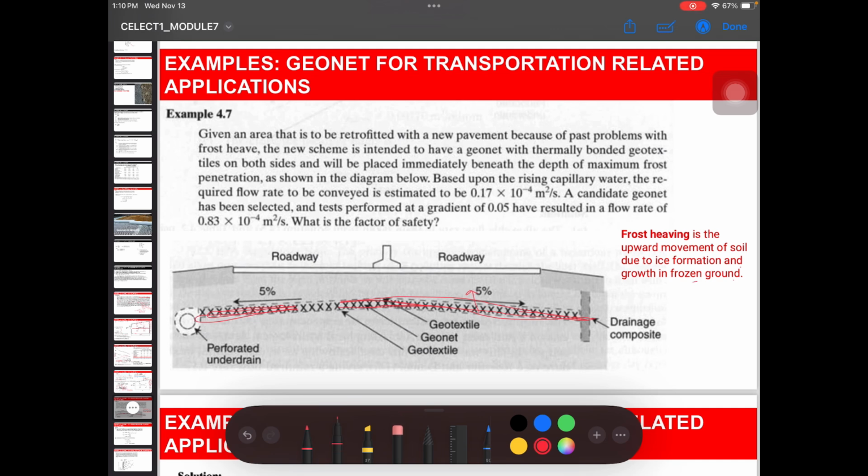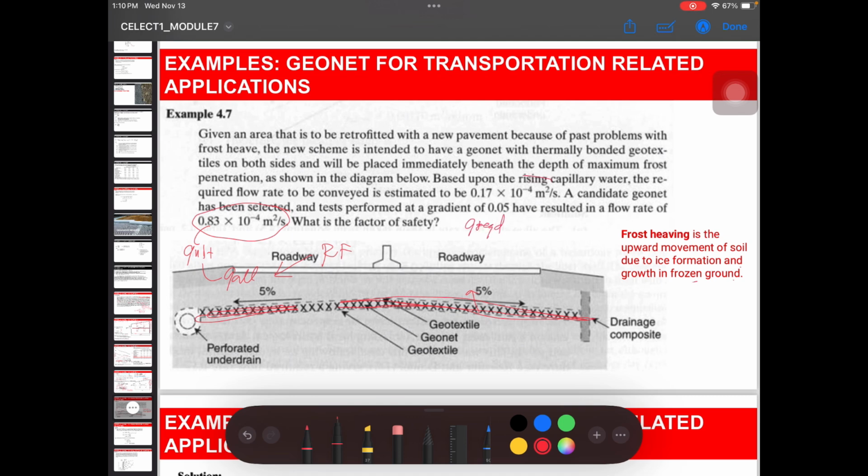So, meron na tayong nakuha na yung flow rate. So, we don't need yung table. This is the flow rate na this will be our Q ultimate na. This is the capacity of our material. So, next, we need to get Q allowable by applying yung mga reduction factors. And then, next na kukunin is yung Q required.